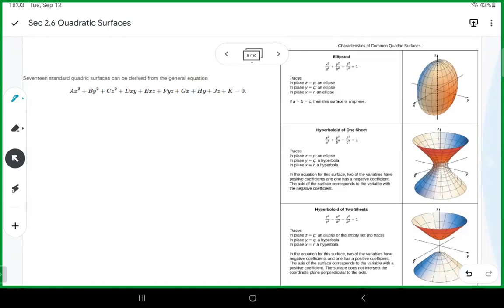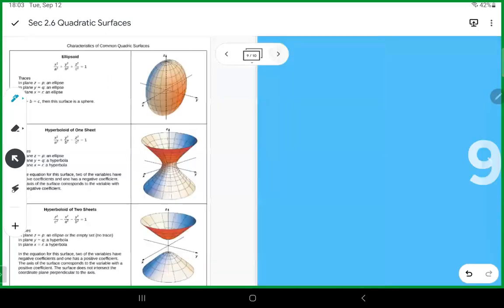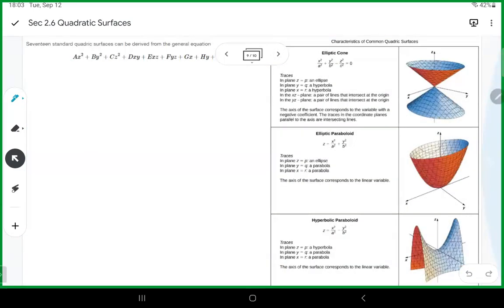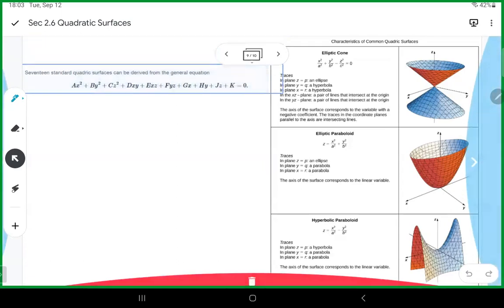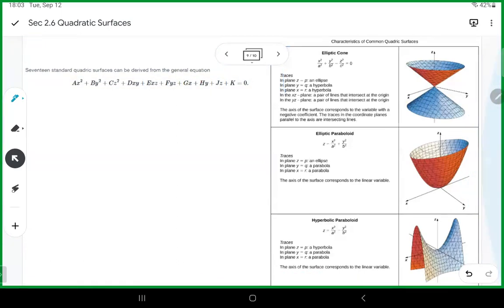But what we have are the ellipsoid, which we've already gone through a couple of those examples. That's x squared over a squared plus y squared over b squared plus z squared over c squared equal to 1. So that is that ellipsoid shape. Then you have a hyperboloid on one sheet, a hyperboloid on two sheets, and you don't have to worry about writing that down right now. It will be on the PowerPoint or PDF.